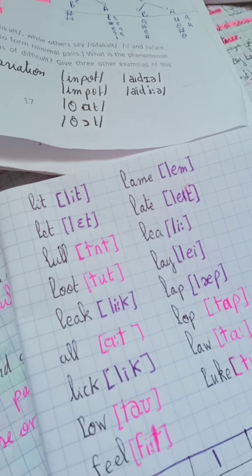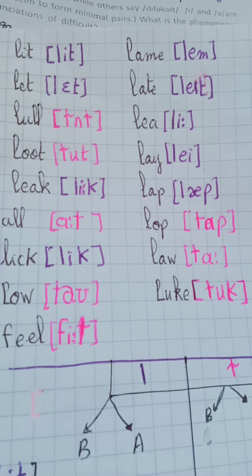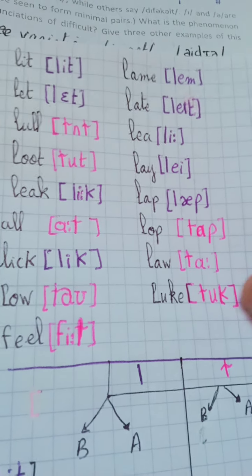So the first step is to find minimal pairs. It is very important to see the transcription of those words in order to find if there is a minimal pair.